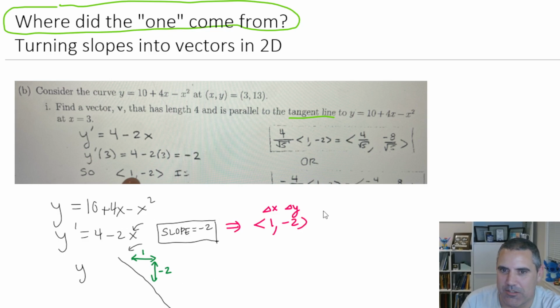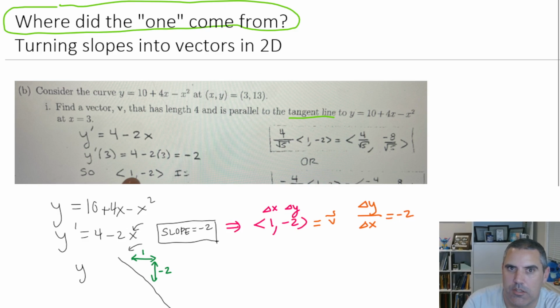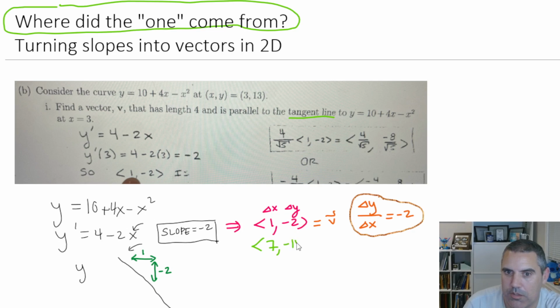What I mean is, if you want a vector that has slope -2, then you're looking for something where the rise over the run of your vector is -2. There's an infinite number of fractions where you divide 2 numbers and get -2, so there are other correct answers. Like I could use 7 and -14. That would be correct. The question is only asking for any vector that points this way.